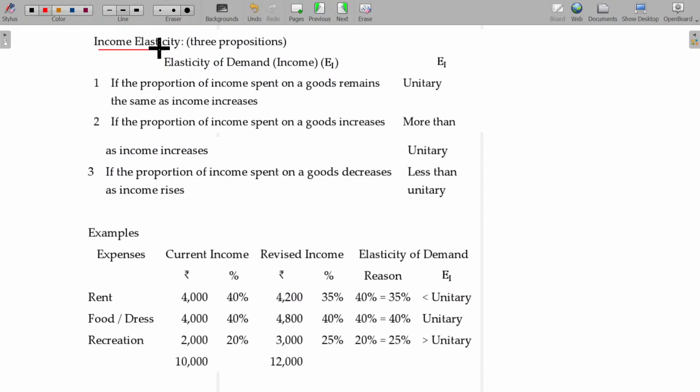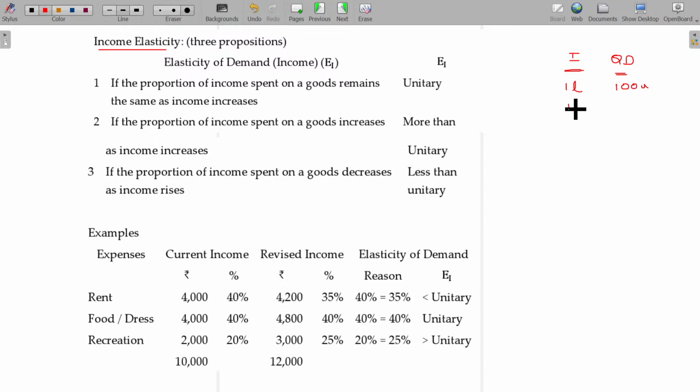Income elasticity. Change in income and change in quantity demanded. If income is 1 lakh, quantity demanded is 100 units.